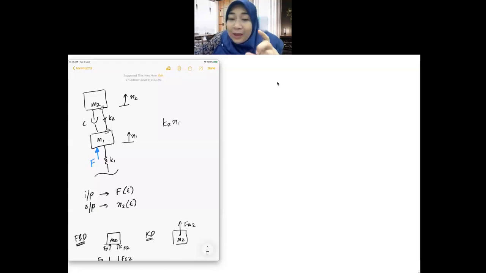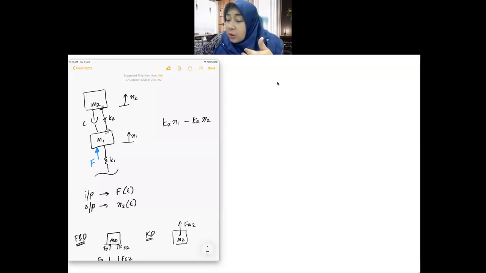However, the other end of your spring is able to move up, isn't it? So when your spring moves in the direction of x2, your compressional force will be reduced by K2 x2. Why? Because the other end is able to move. Of course, x1 and x2 are two different displacements, not the same.